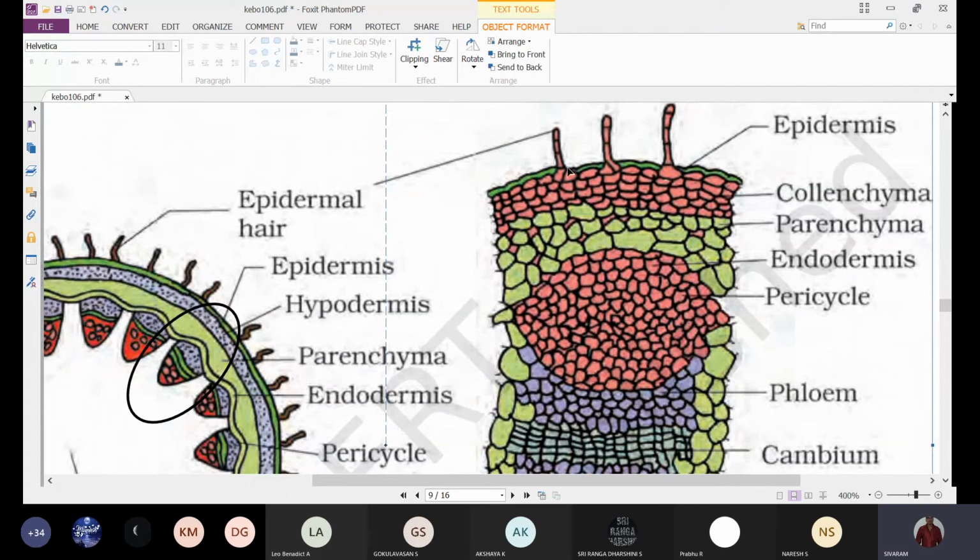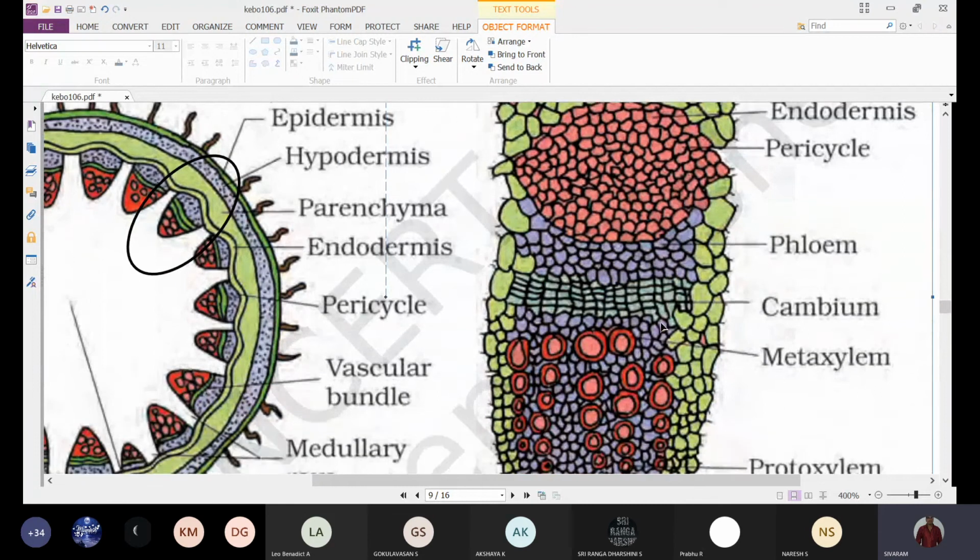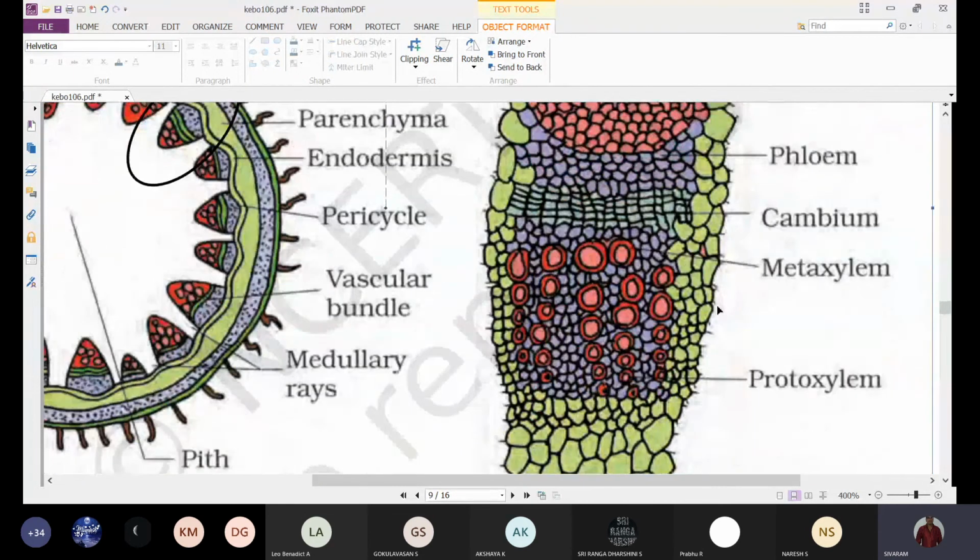So we are observing the different layers in the dicot stem. The typical dicotyledonous stem will show all the characteristic features or all the regions very clearly. We can observe the epidermis, hypodermis, and next cortex, endodermis, pericycle, and next phloem, xylem, cambium, medullary rays, and pith.